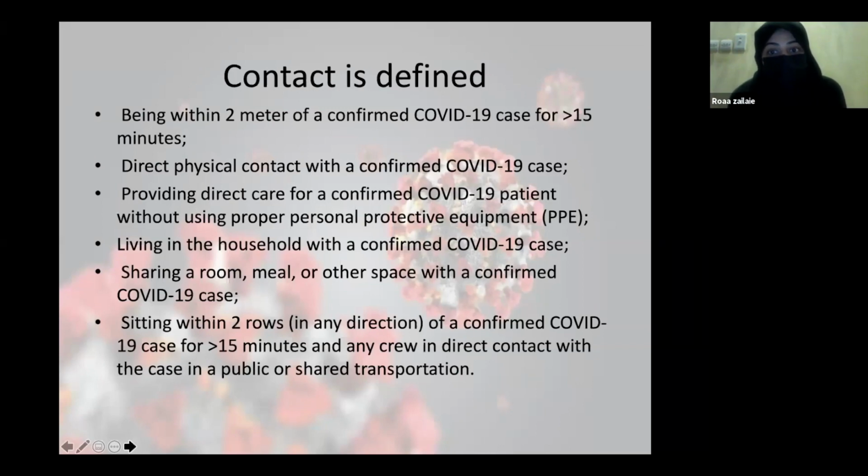Admission with a confirmed COVID-19 case, or sharing the same room or eating together in the same restaurant with a confirmed COVID-19 case. Sitting within 2 rows in any direction of a confirmed COVID-19 case for more than 15 minutes, or any crew in direct contact with the case in public or shared transportation.